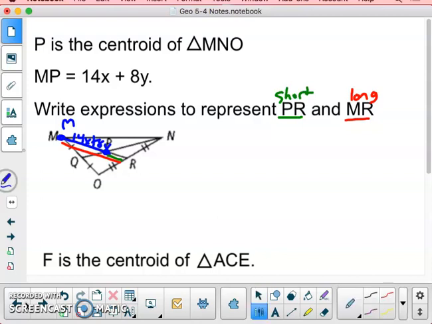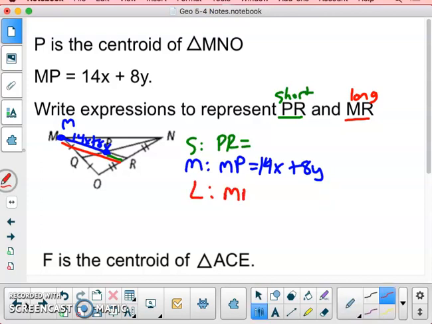What we know is that the medium piece is MP, which is 14x plus 8y. All right, if I can find the short piece, which is PR, I can add the short piece plus the medium piece to get the long piece, which is MR. Okay, so the short piece is half as long as the medium piece, or 14x plus 8y all divided by 2.